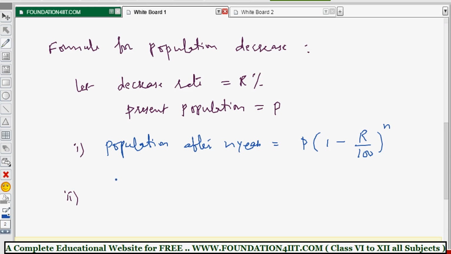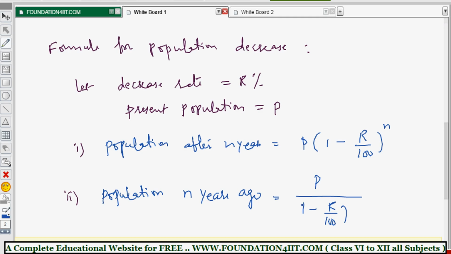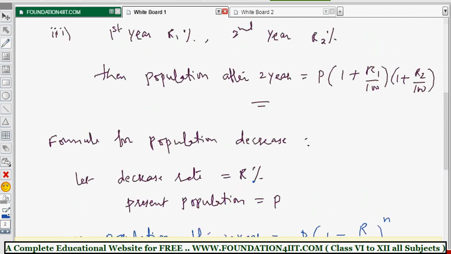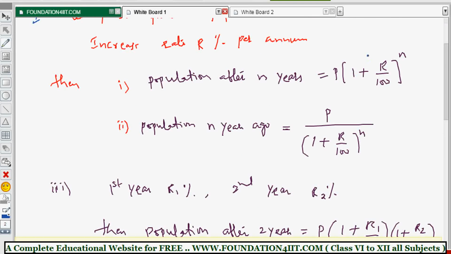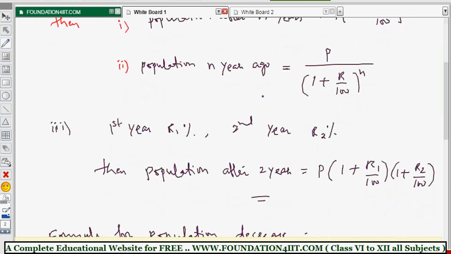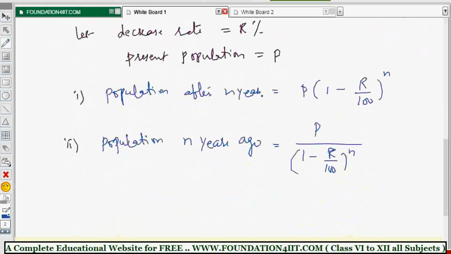Similarly, population n years ago is P by 1 minus r by 100 whole to the power n. Same as this, here it is a plus. Okay, plus we use if it is increasing, and if decreasing we just keep the minus. So, okay, that's all the change.